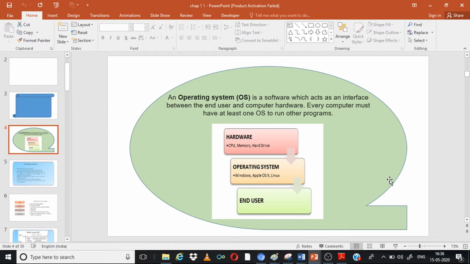This is being taken care of by the operating system at the back end. We need not worry what is happening at the back end. That is why the hardware, that is the computer, the CPU, the memory, and everything related to it, is not to be worried about by the user, as the operating system plays an important role in handling the interface between the user end and the hardware.